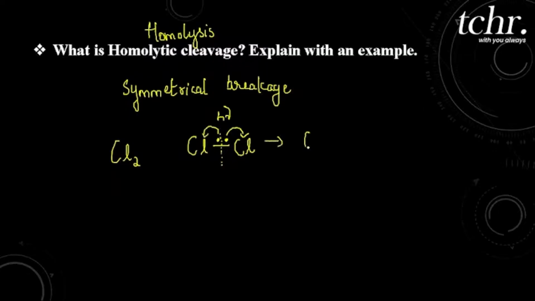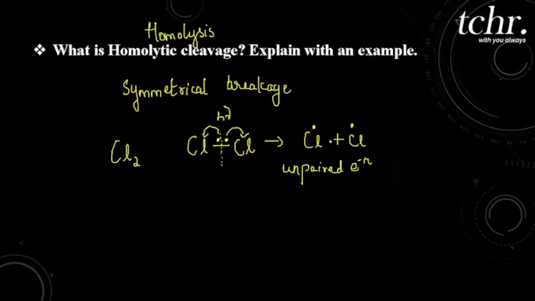So after breaking, each Cl gets one electron, that is, an unpaired electron. Is that clear? So this way of breaking of the bond is known as homolytic cleavage: symmetrical breakage of the bond so that each fragment gets one electron.